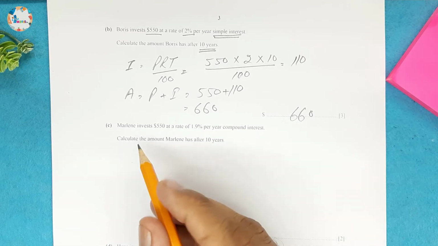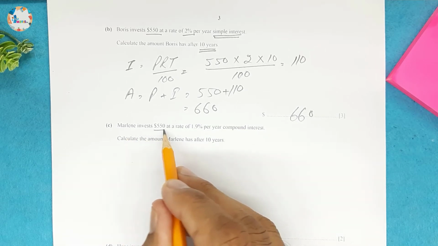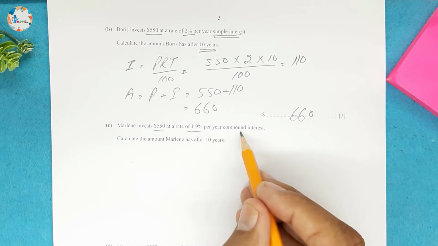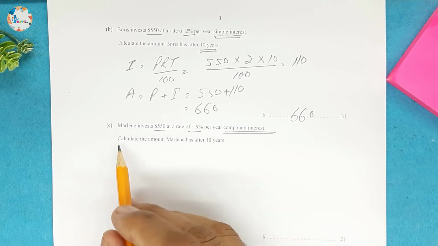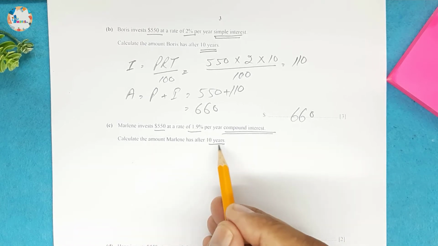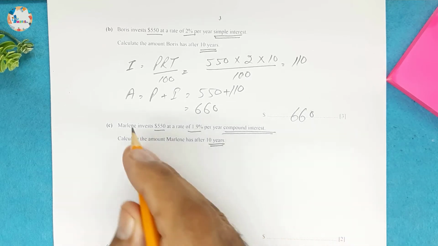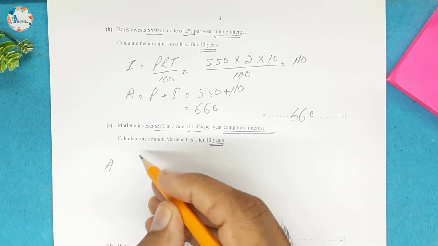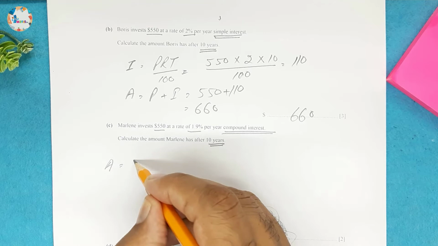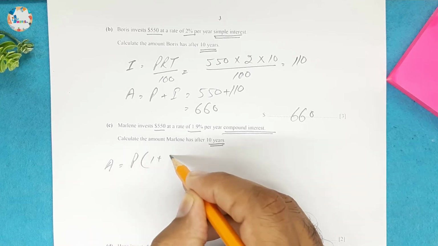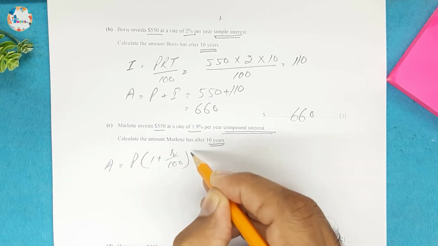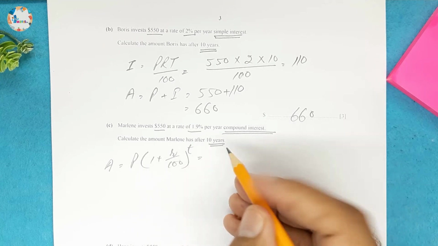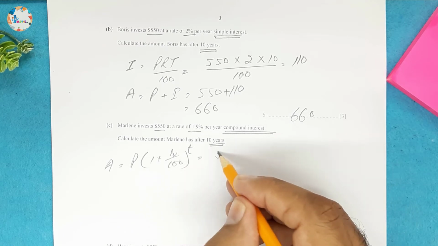Then the next question. Marlin invests this amount at this rate per year in compound interest. Calculate the amount Marlin has after 10 years. Now we have to apply the compound interest formula. The amount is equal to the principal amount times 1 plus r over 100 raised to the power t, the time duration. The principal amount is 550.